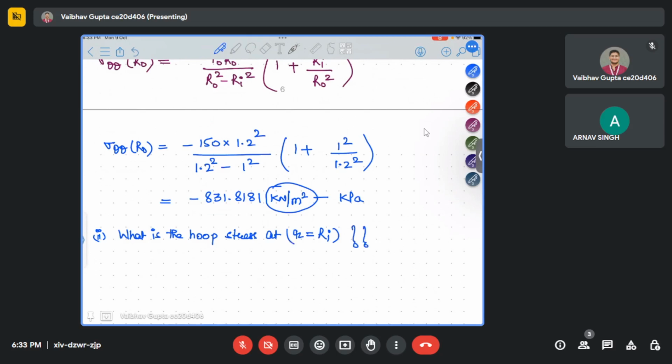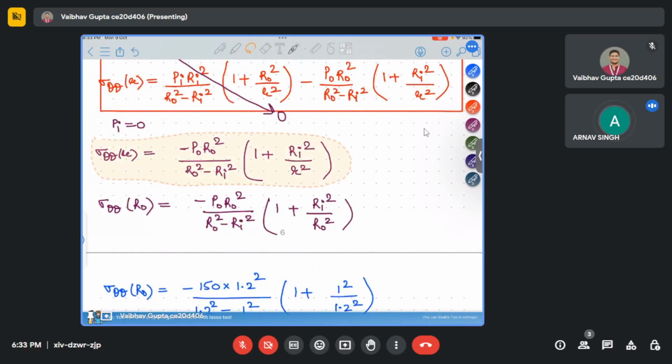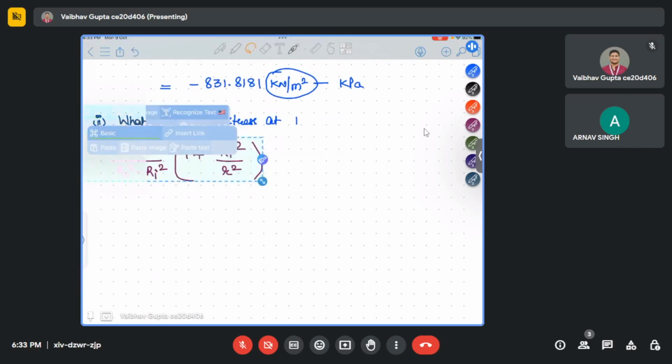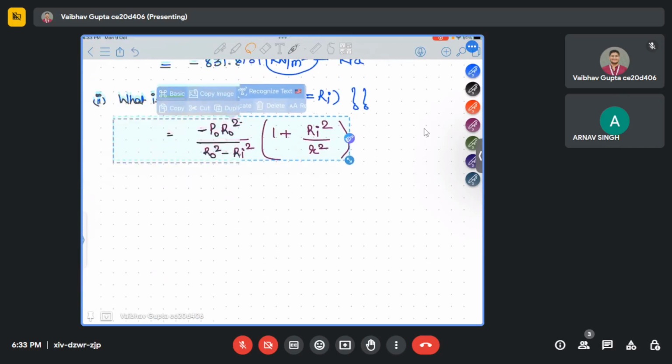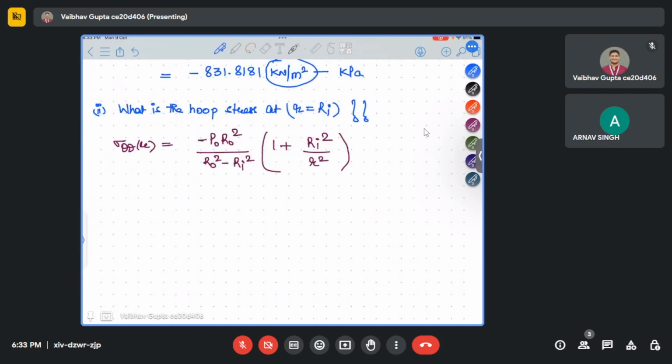So same thing. See this formula. Copy. This is the hoop stress after putting Pi equal to 0. And now they are saying just put R equal to Ri. So what will you get?